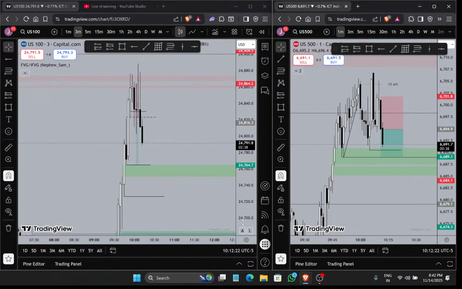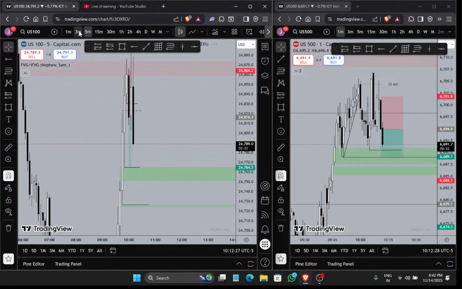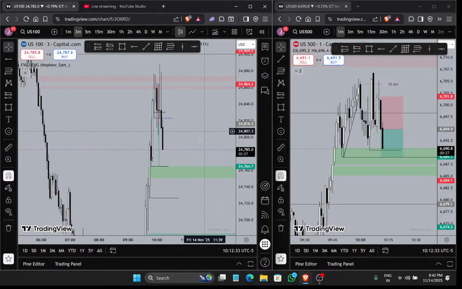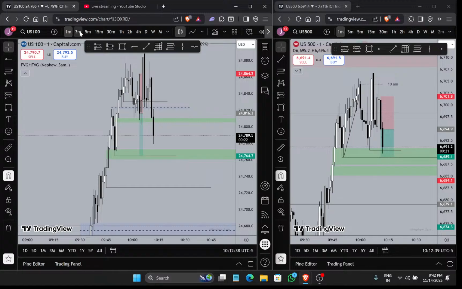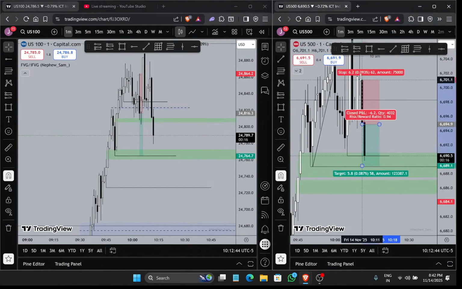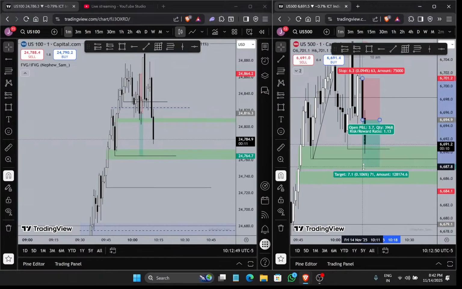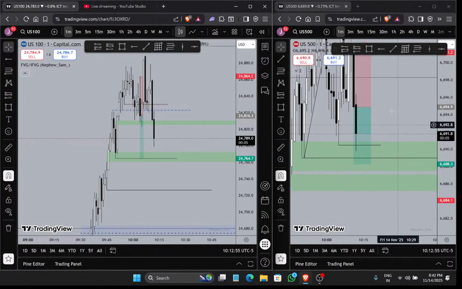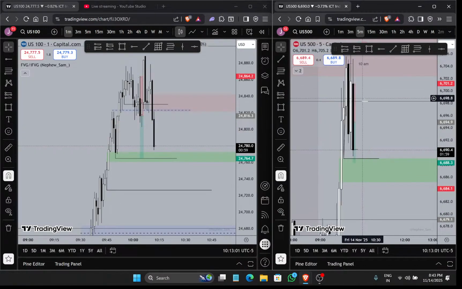Okay, great. We inverted this 3 minute now, and it's going down now. So we are break even if we are in this trade. So we tapped into that 5 minute, this 5 minute gap.